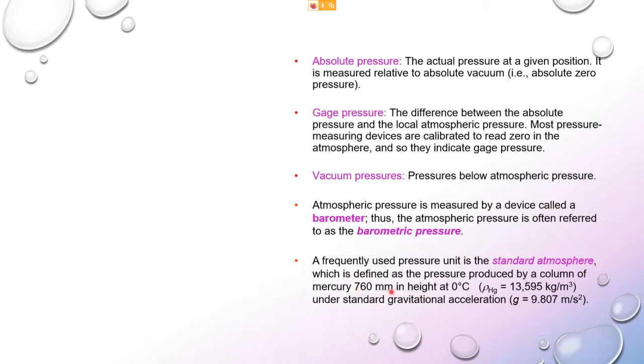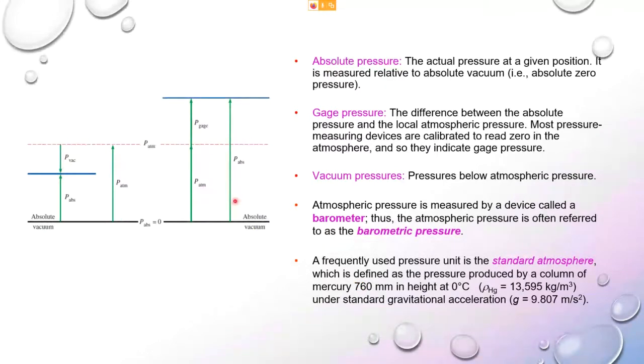For example, if you take mercury, it is 0.76 meter times gravity 9.81, times the density of mercury of 13,600 kg per meter cube, you will get the atmospheric pressure of roughly 101.325 kPa. Follow?